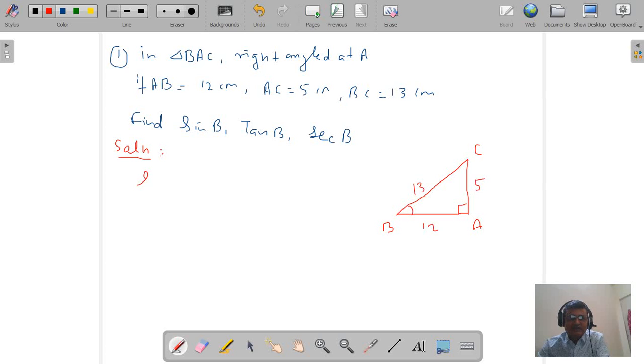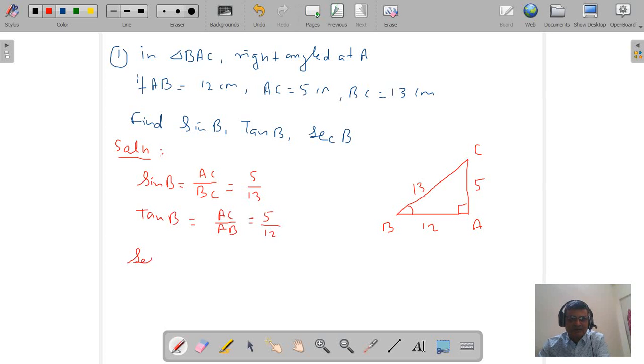So we can see that sin B will be perpendicular upon hypotenuse. Here perpendicular is 5 and hypotenuse is 13. Similarly, tan B is nothing but AC upon AB. So AC is 5 and AB is 12.